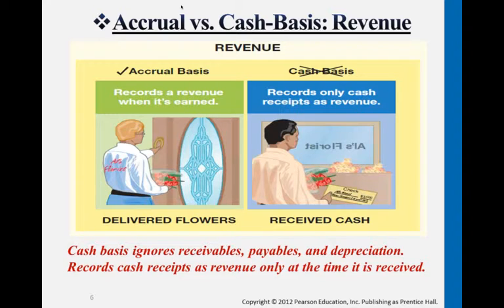If the cash is delayed, accrual accounting still records the transaction anyway. If the cash is delayed, cash basis waits until the actual date when cash is received, then they record the transaction. Okay, so basically under cash basis accounting, you will not see financial statements have an accounts receivable account.